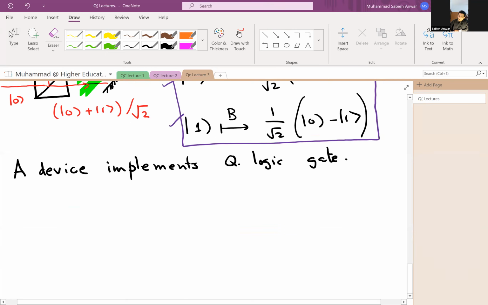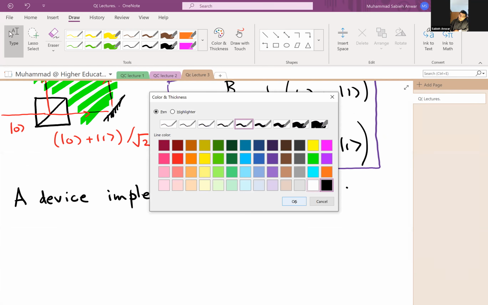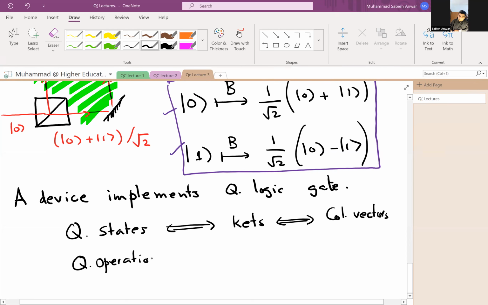Now I would like to write this in linear algebra form, in the form of a matrix or a vector. Now I know that quantum states are represented by column vectors or kets, column vectors. Likewise, quantum operations or gates are represented by matrices.